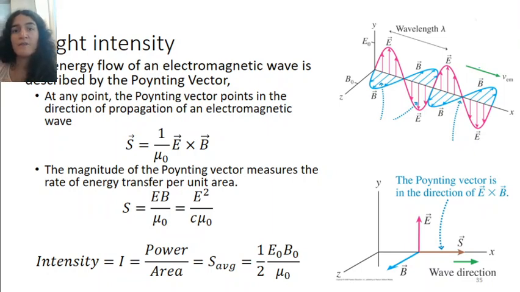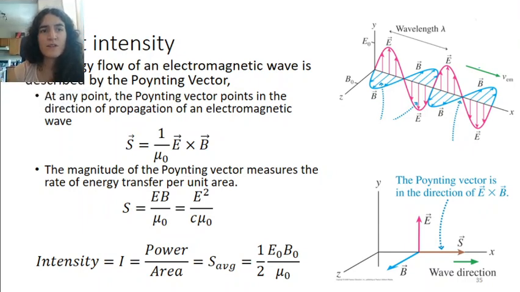If something is oscillating according to a sinusoidal function, we know a sine function goes between +1 and -1. A sine squared function goes between 0 and 1. And so the average value is going to be around a half.